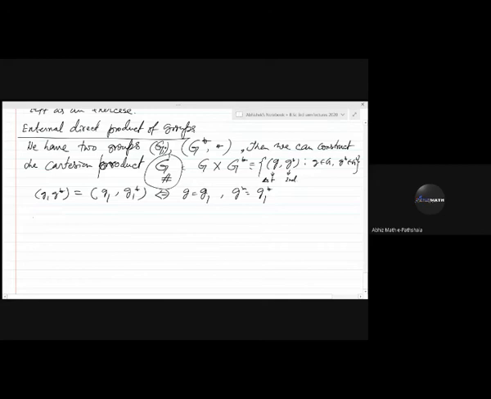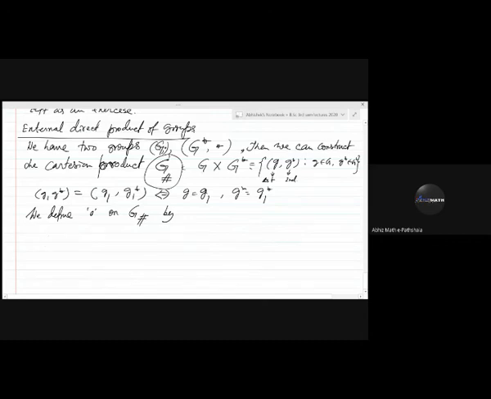So we define the binary operation compose on G sharp. Whenever you are to define a binary operation, you need to consider two elements.